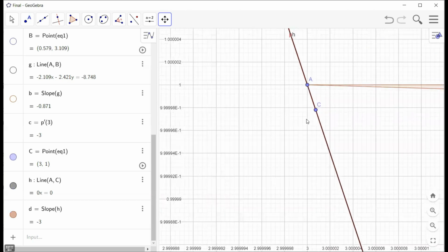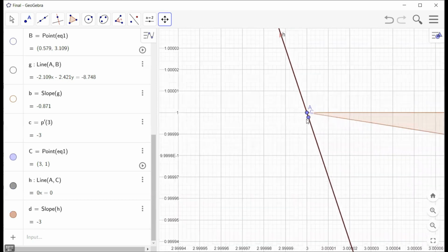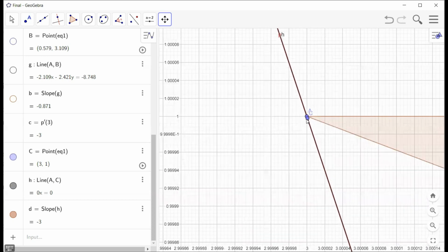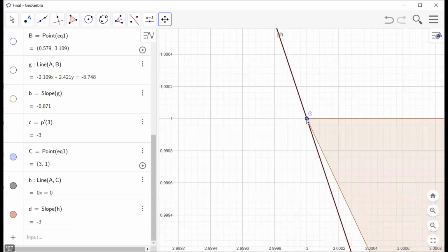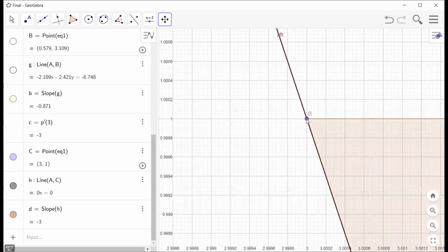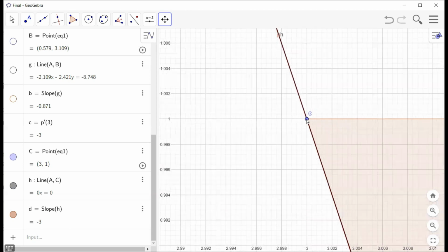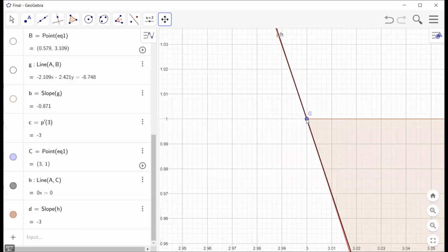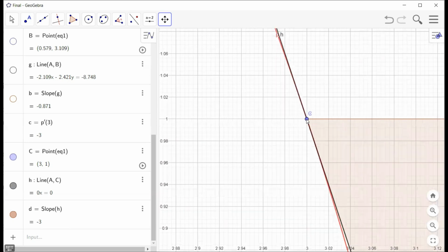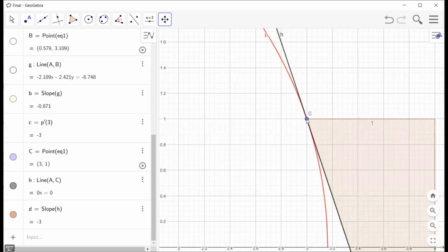If we zoom out to see this straight line, you can see this straight line is a tangent to the circle, to our relation at point A. You see?